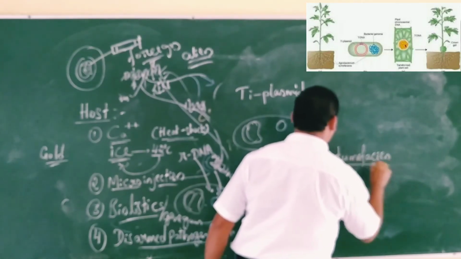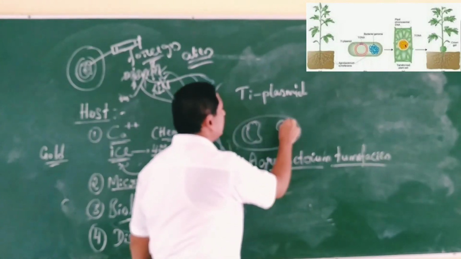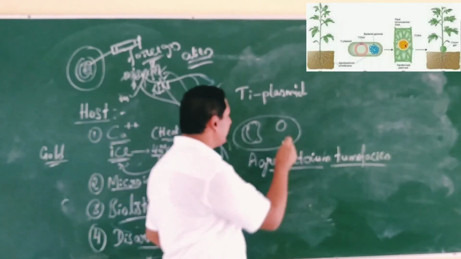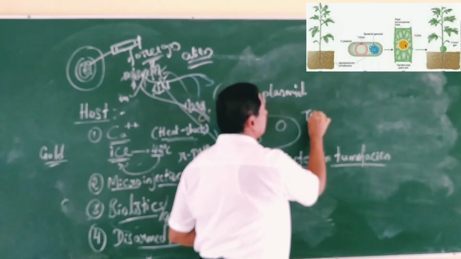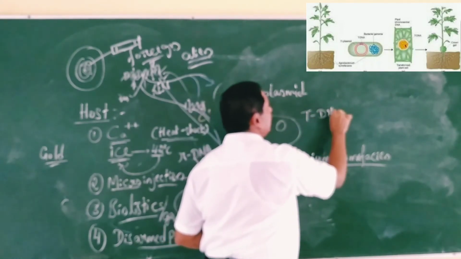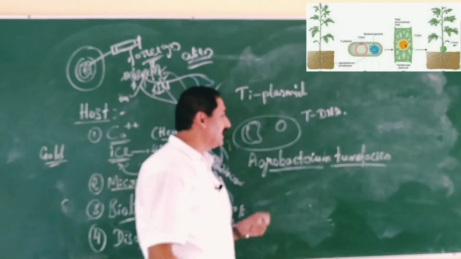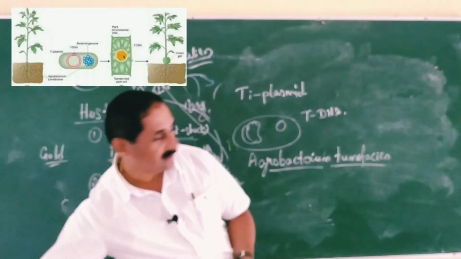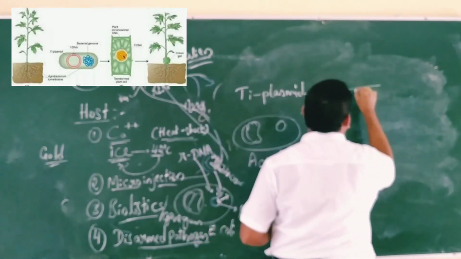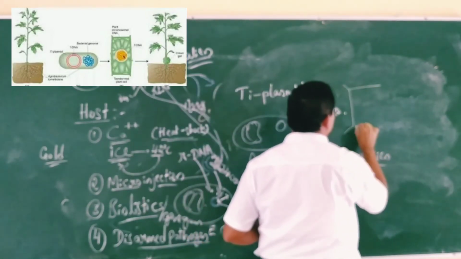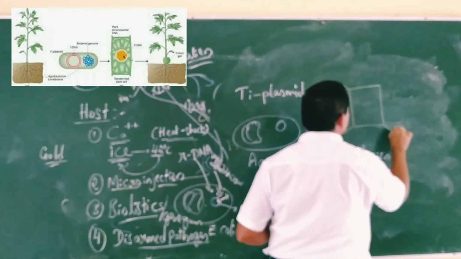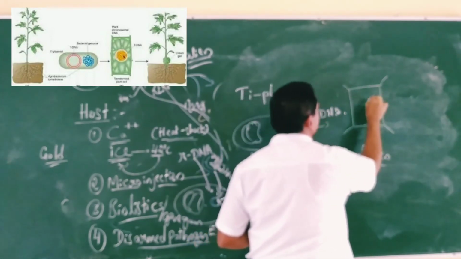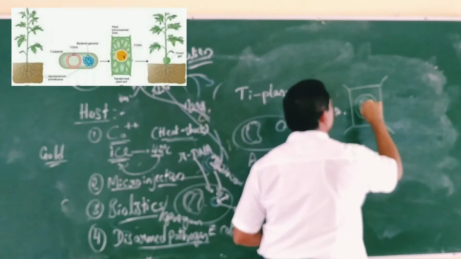In this Agrobacterium tumefaciens bacteria, it contains a type of plasmid called TI plasmid. It has the property of transferring a DNA, a tDNA. It delivers a DNA to the plant cell, and a small fragment of its own DNA is transferred to the plant cell.